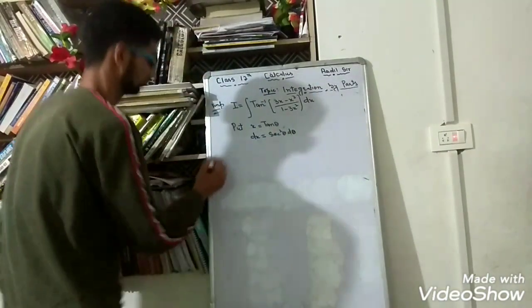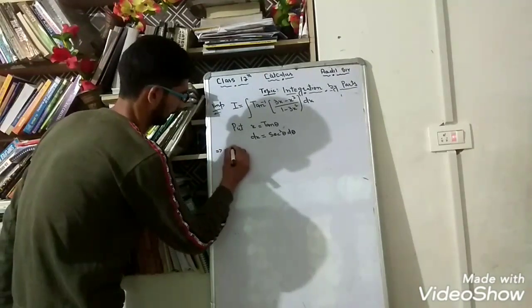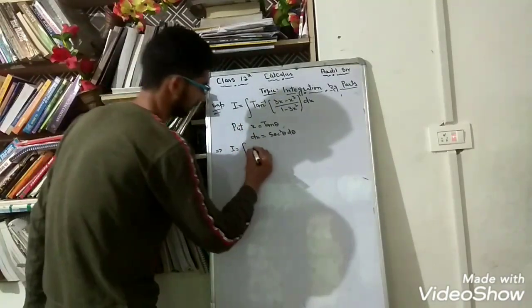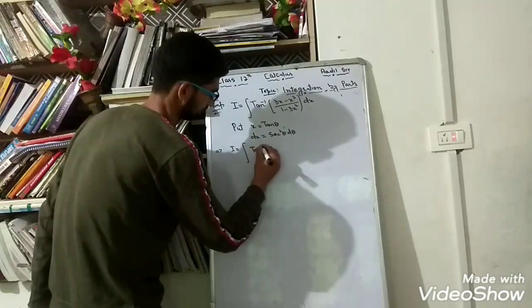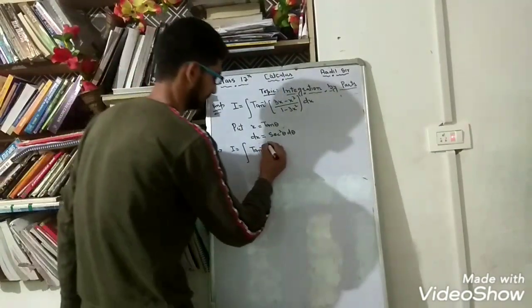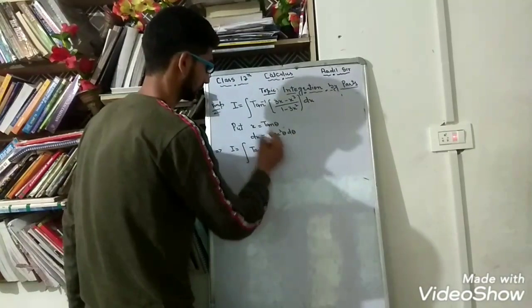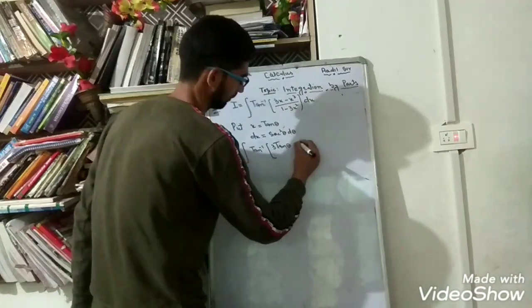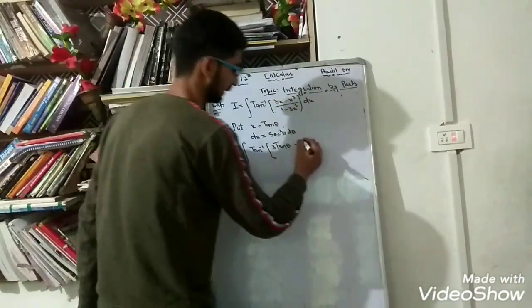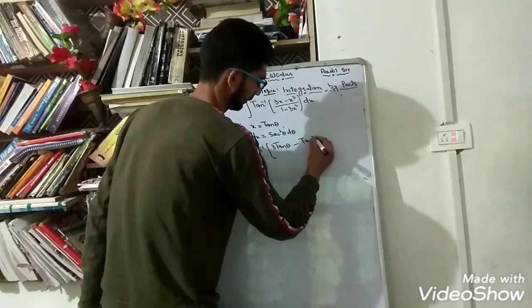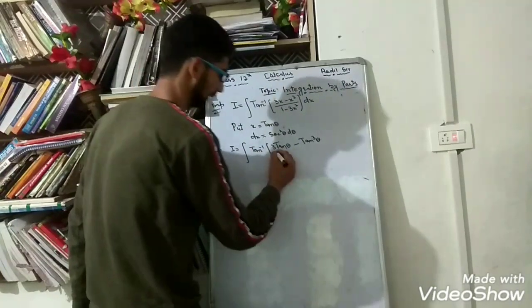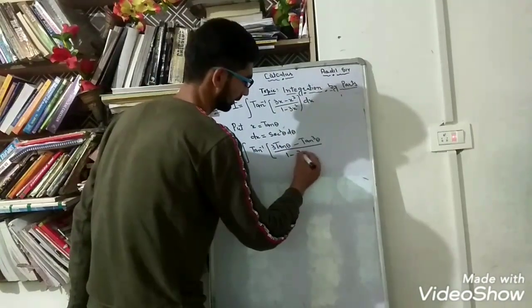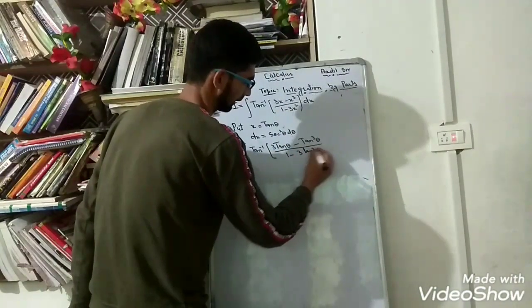After we substitute these, I is equal to tan inverse of what? 3x, what is x? tan theta. Minus x cube, what is that? tan cube theta. After that we have divided by 1 minus 3x square, that means 3 tan square theta.